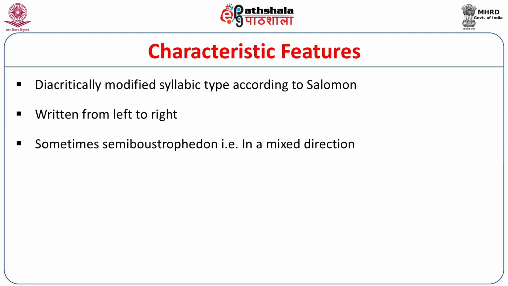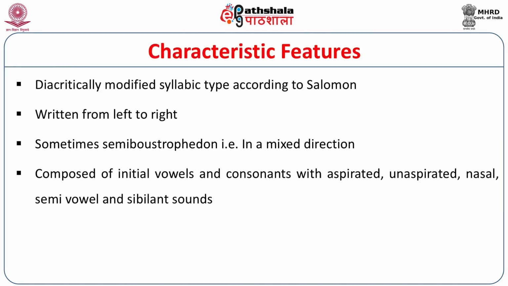Sometimes, as you can see here, semi-boustrophedon, that is in mixed direction, the Brahmi script is used in inscriptions. We can recall here the case of the Yerragudi inscription of Ashoka, where we have some lines written from right to left, while the majority of the lines or sentences are written from left to right.